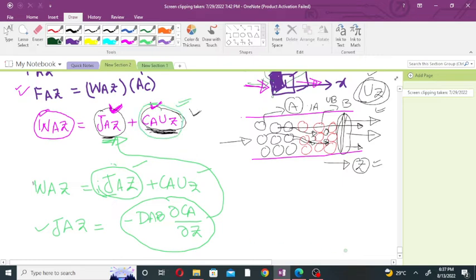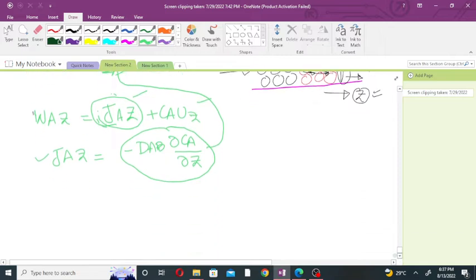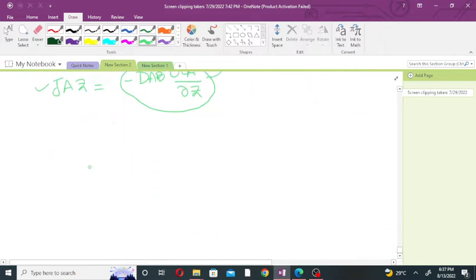So now we can further simplify the above equation, which is WAz is equal to JAz, and in place of JAz I am writing minus DAB dCA by dz.